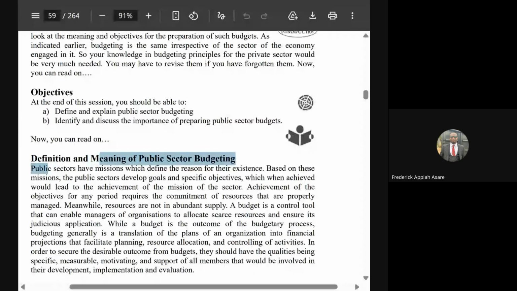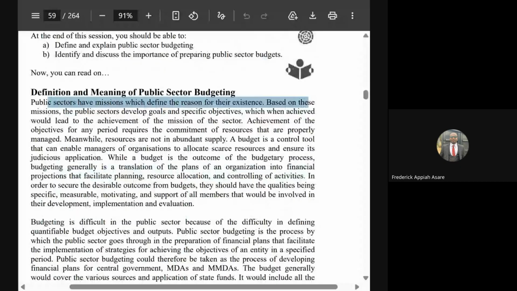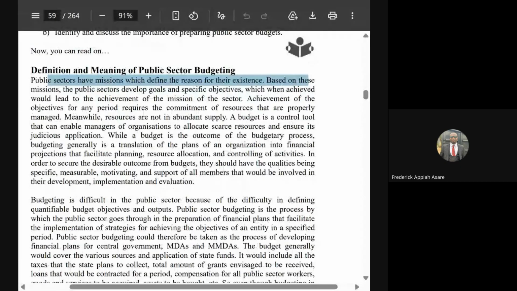The public sector has missions which define the reasons for their existence. We've talked about some of the objectives of the public sector, and they usually need the budget to serve as a control tool that can enable managers of organizations to allocate scarce resources and ensure its judicious application.